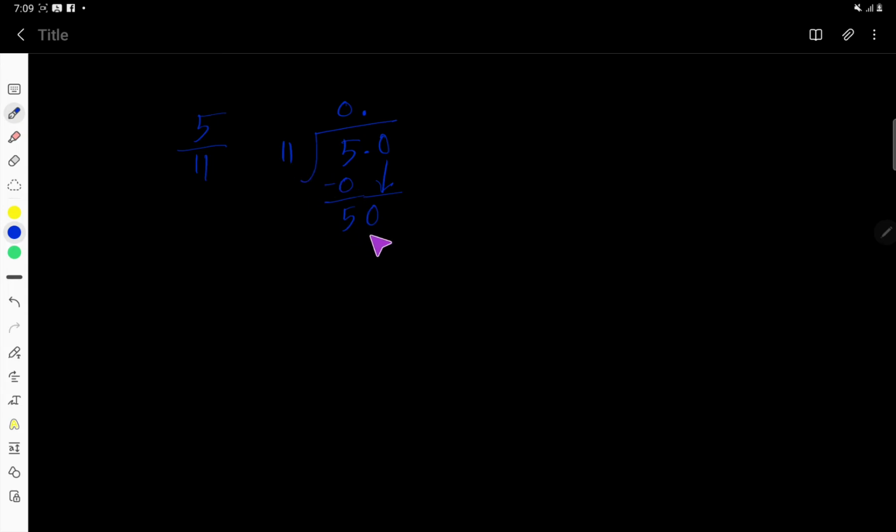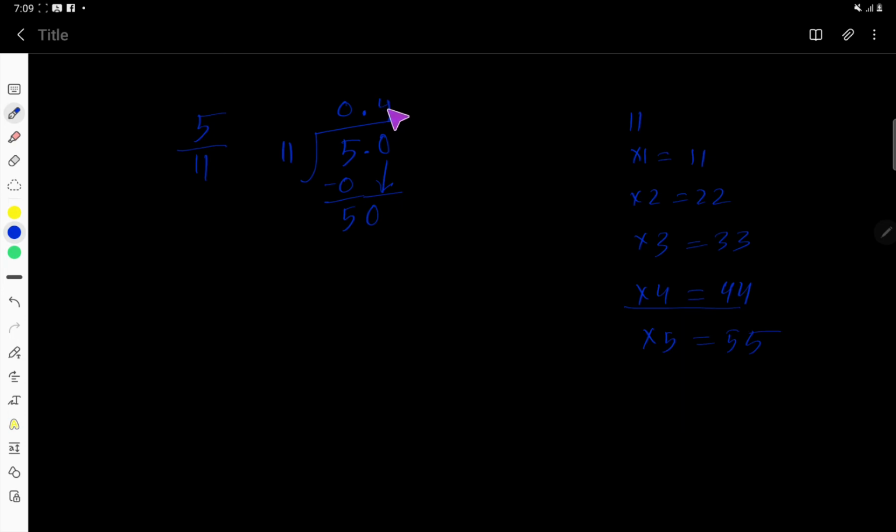11 goes into 50 how many times? So you need the multiplication table. 11 times 1 is 11, 2 is 22, 3, just add 11, 33, 4, just add 11, 44, 5, just add 11, 55, which is greater than 50. So we have to stop here.